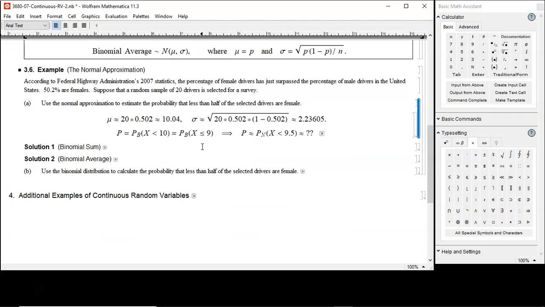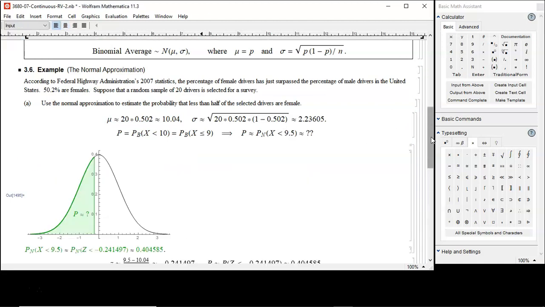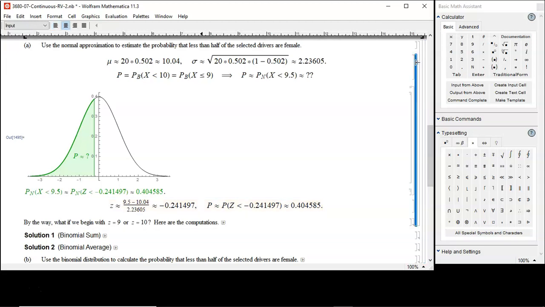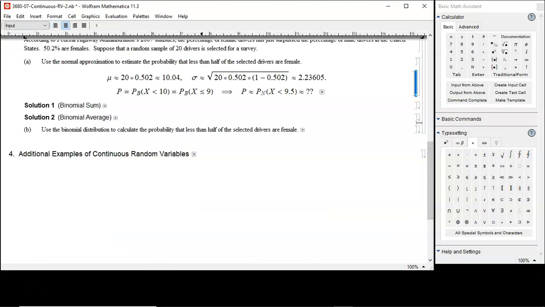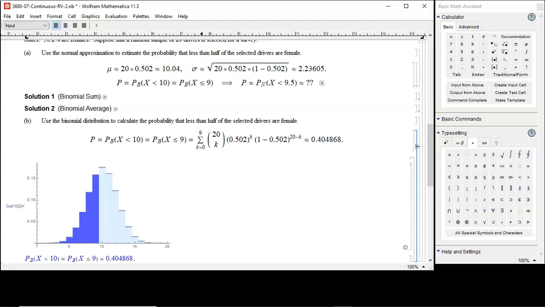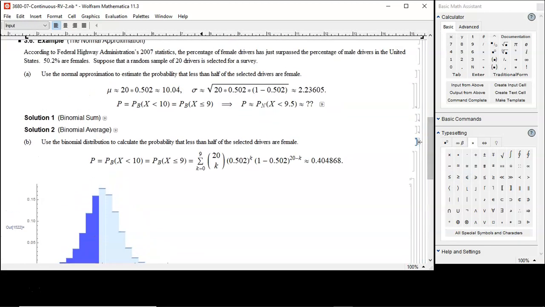Yes, I just used binomial sum here. And yes, I have this normal picture and then 0.40458 something, which is pretty close to what we have over here. And then, oh, this is probability histogram for binomial, which looks very much like normal.